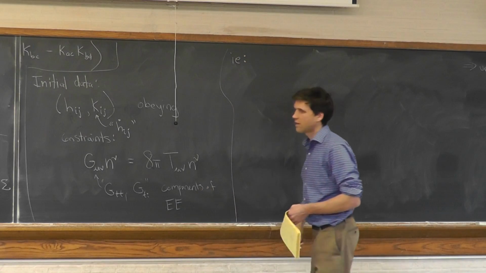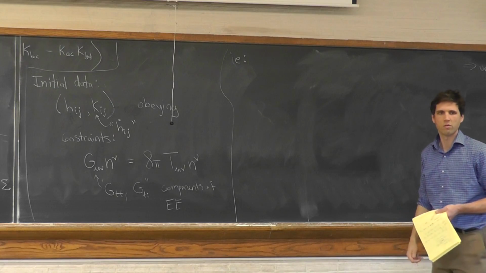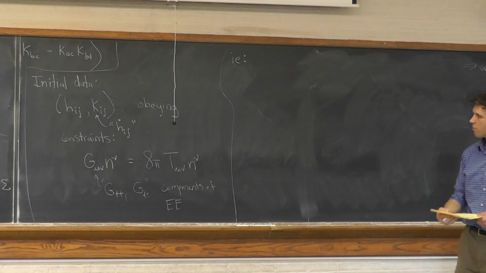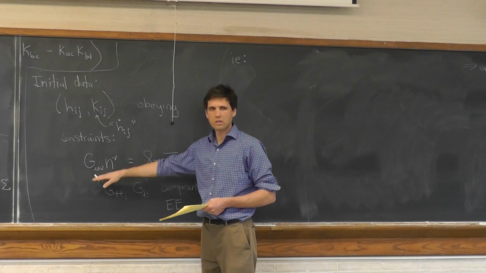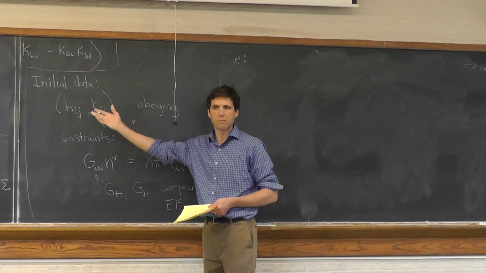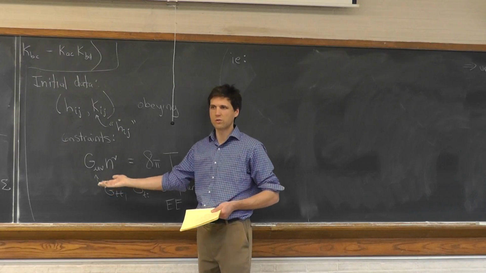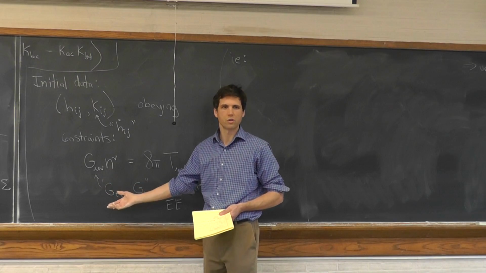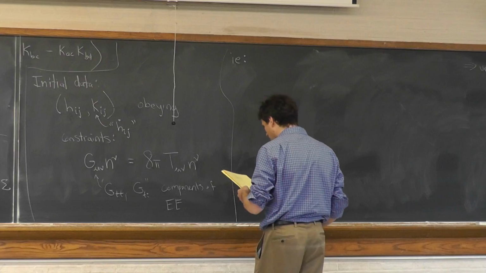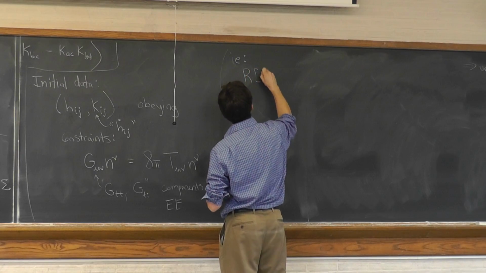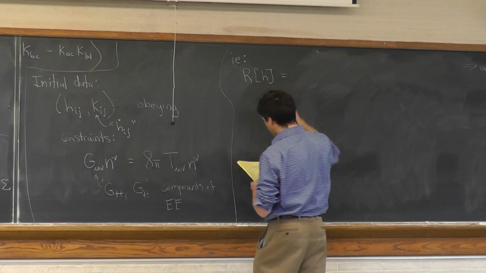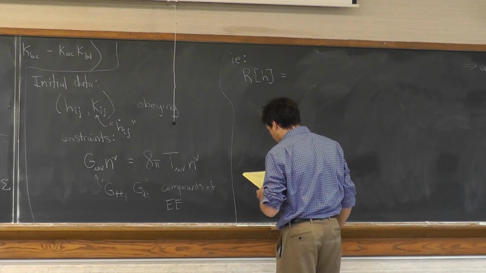And that is possible because of the Gauss-Codazzi relations that I wrote on the board 15 minutes ago. Remember, we said that certain components of the curvature could indeed be written in terms of the data on the hypersurface. These are precisely those components. So the constraint equations rewritten in that language are as follows. I'm just plugging in the Gauss-Codazzi relation.